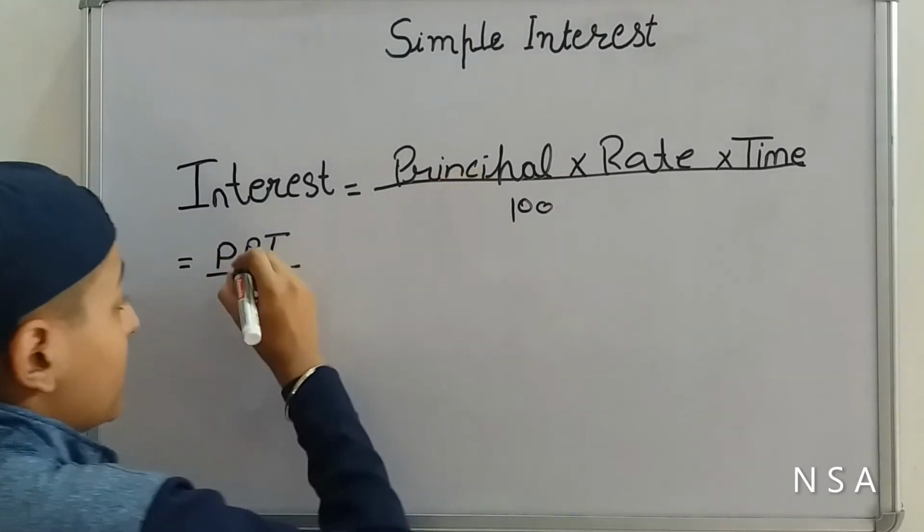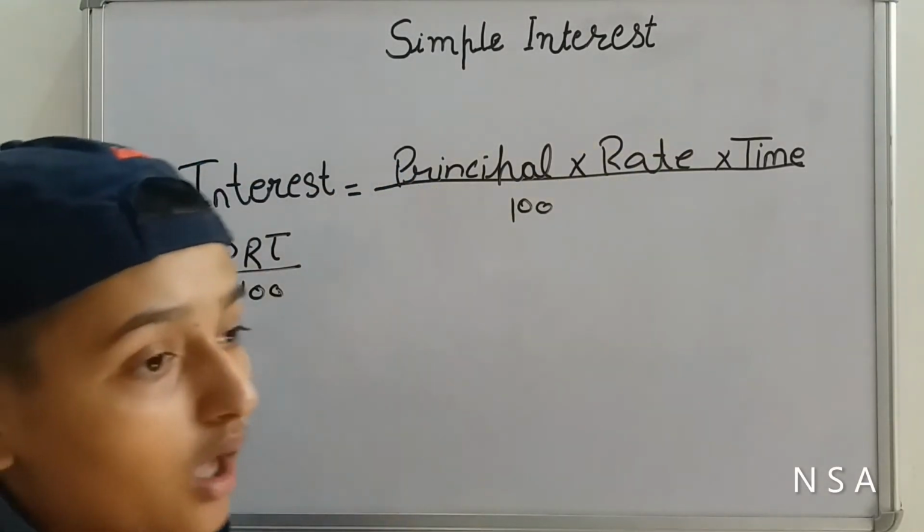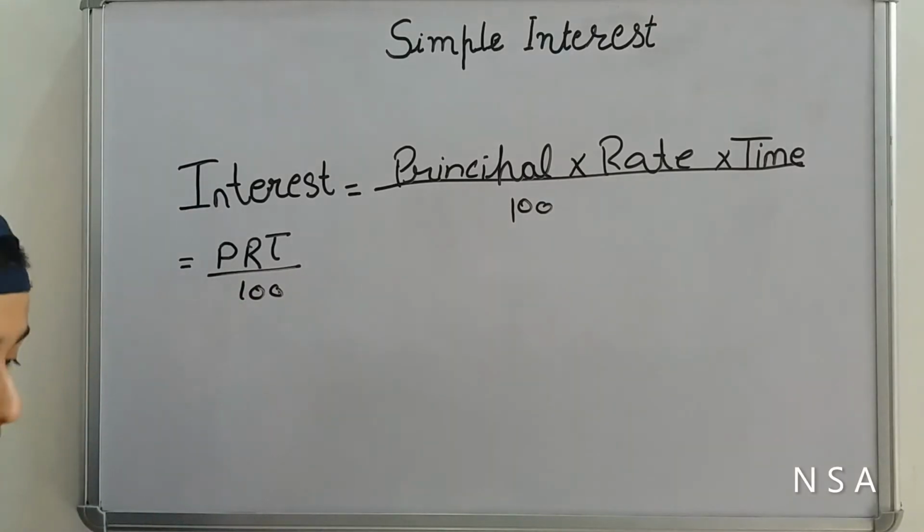P means principal, R means rate and T means time. Okay, this is the formula for how to calculate the interest.